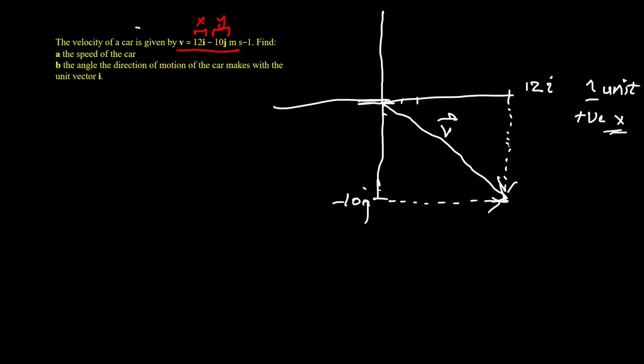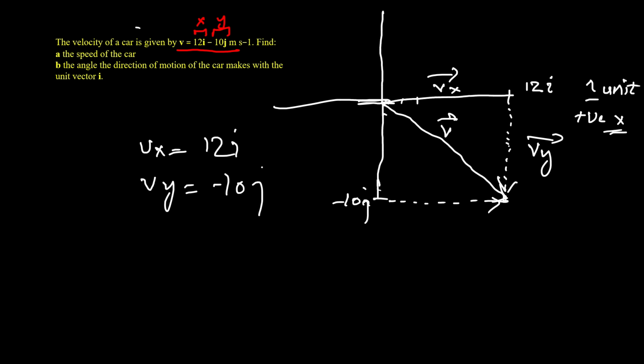It is the sum of vx and vy, the horizontal and vertical components. The vx is 12i and vy is minus 10j. So it is the sum of these two vectors. By the head to tail rule, vx plus vy is equal to v. So this is the velocity vector.